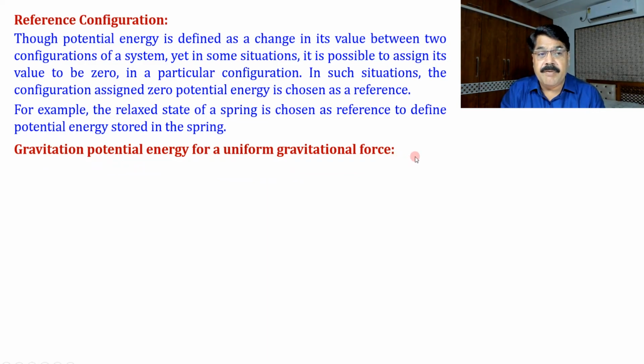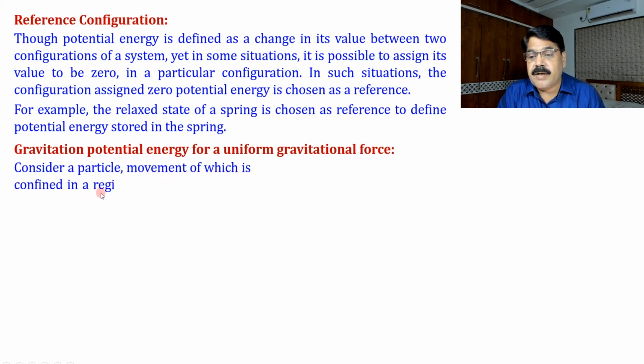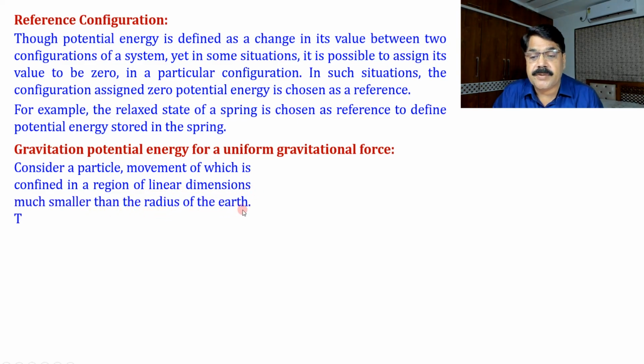Now that is again very important. We generally say gravitational force is uniform when the motion is near the Earth's surface, but that is not the actual picture. What is the actual picture? Let us see. Consider a particle, the motion of which is confined in a region of linear dimensions much smaller than the radius of the Earth.